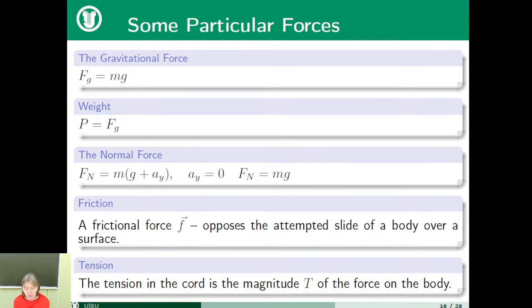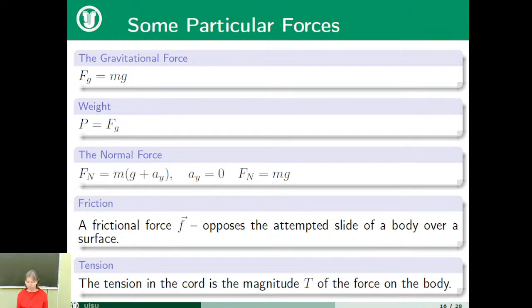When a body presses against a surface, the surface deforms and pushes on the body with a normal force that is perpendicular to the surface. Then the magnitude of the normal force is Fn equal to the sum mg and ma, or the product m times g plus ay, for any vertical acceleration ay.